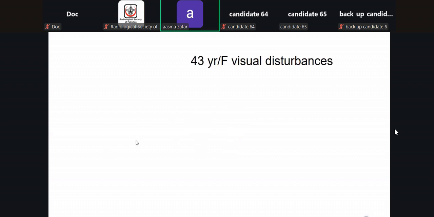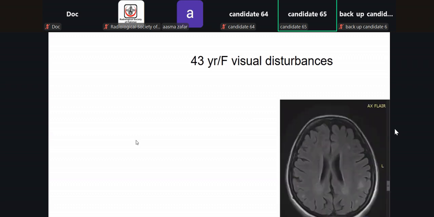History. 43 years female, visual disturbances. I'm provided with the FLAIR axial image of a female patient in which I can see there is abnormal signal intensity areas involving bilateral parietal lobes, cortical and also in periventricular region.